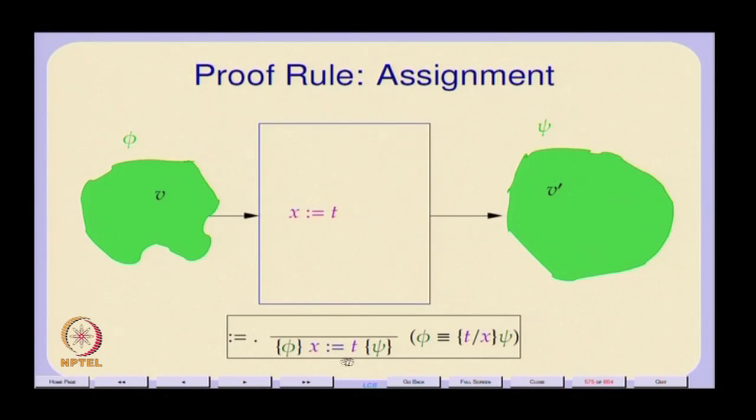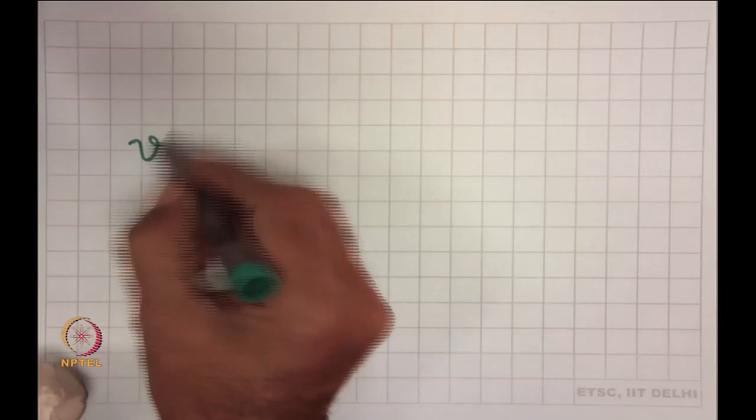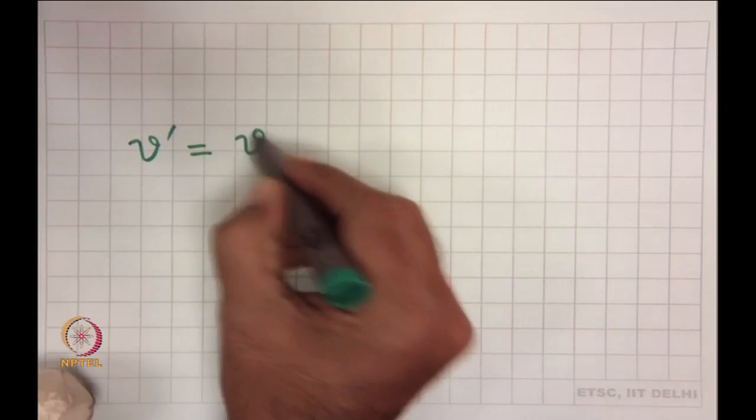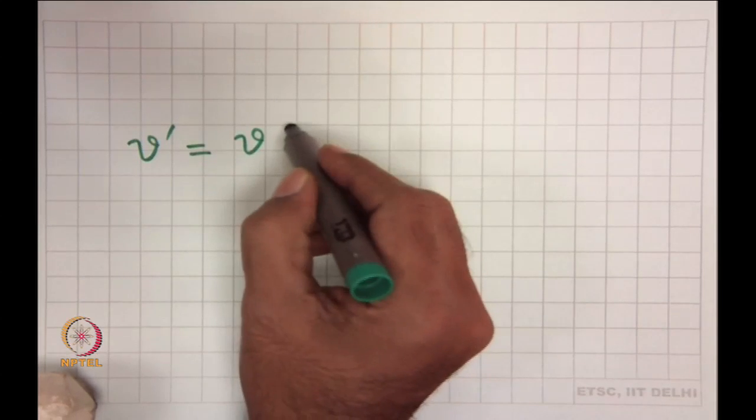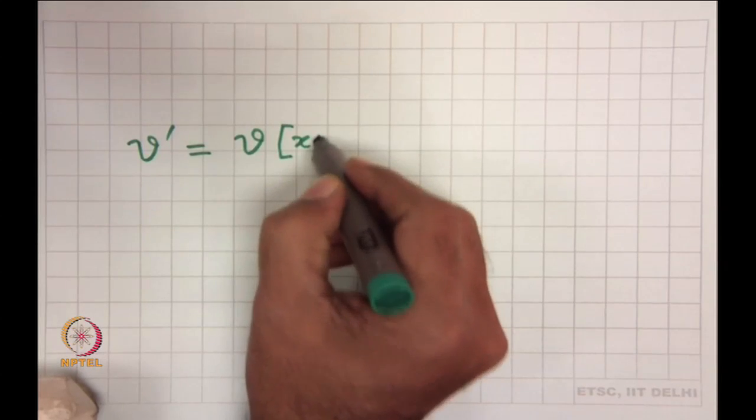So, the assignment. This V prime is actually an x variant of V, in which x gets the value t.